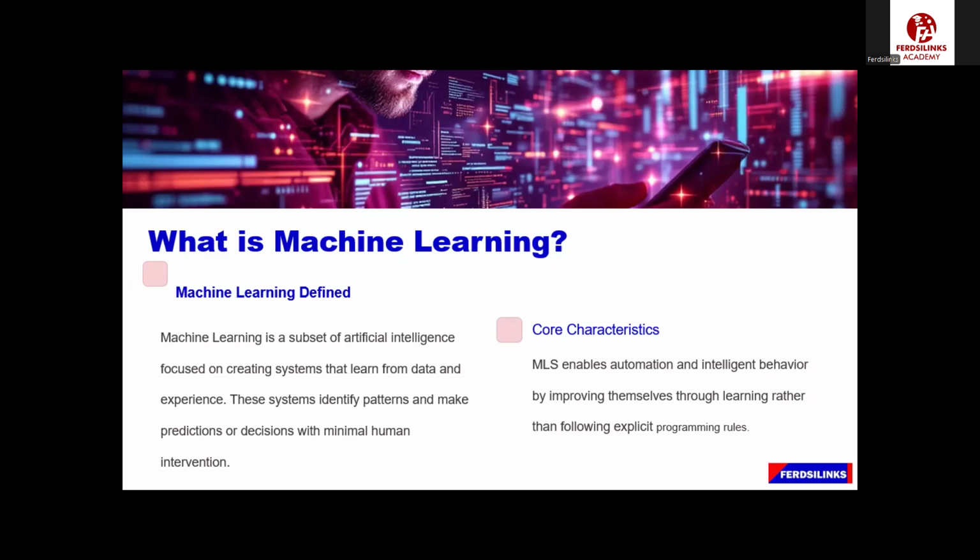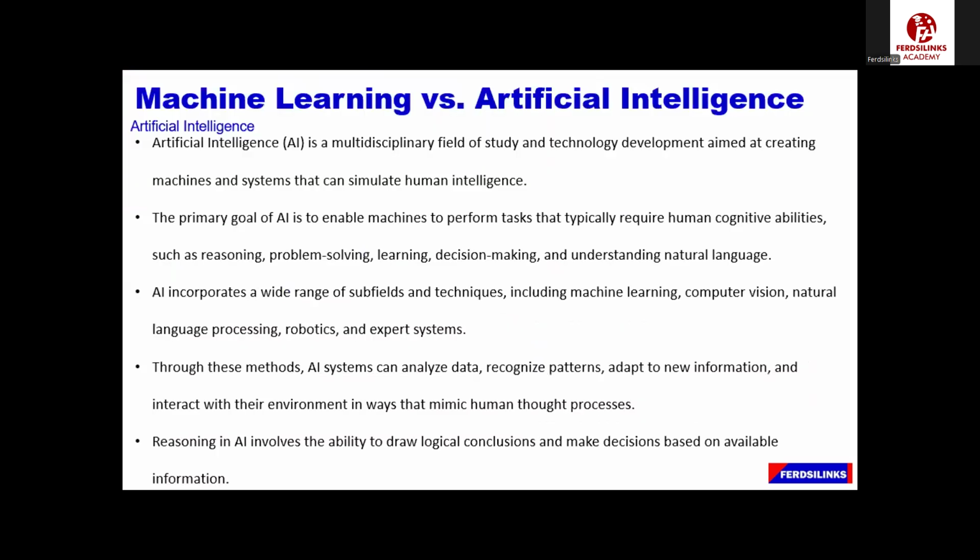Now, if this is a subset, so what is machine learning? Artificial intelligence. Now, artificial intelligence, as we are seeing, is also a multidisciplinary field. We talked about data science when we started, a combination of three fields: domain knowledge, programming or computer science, and statistics and probability. So artificial intelligence is also a multidisciplinary field.